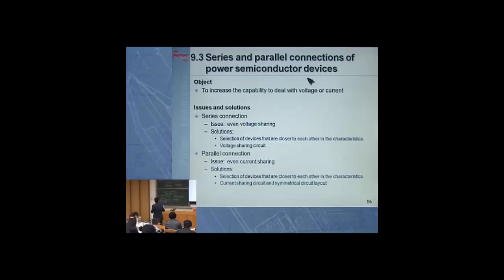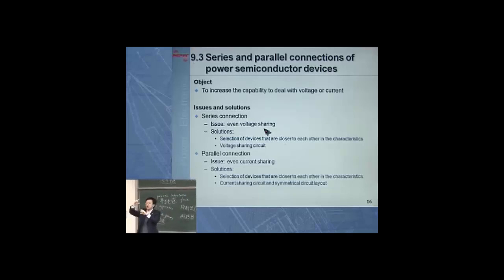But there's always an issue. When you series connect devices, you have to deal with what we call even voltage sharing. You have to make sure all these series connected devices are sharing relatively the same amount of voltage.